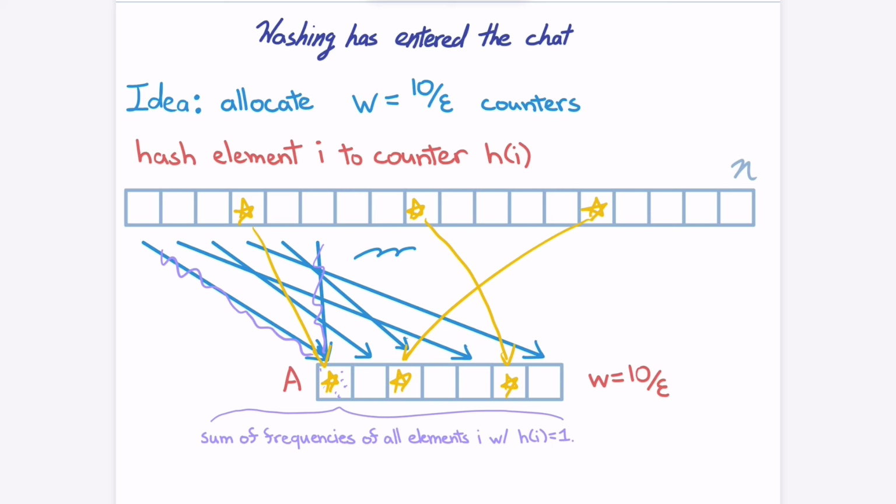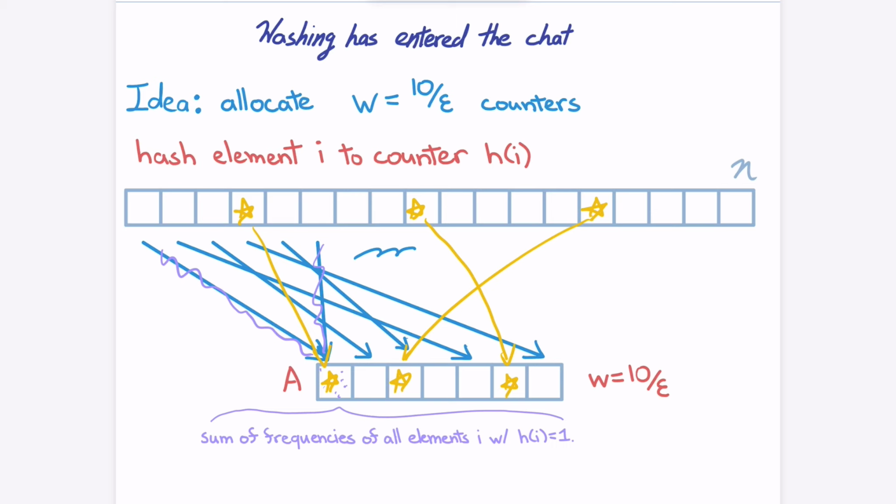But if this thing was totally random, you're hoping that the noise is going to be averaged out. And the average noise will look something like epsilon over 10 times the stream, and you're allowed epsilon additive error. So the average noise is well within our margin of error.